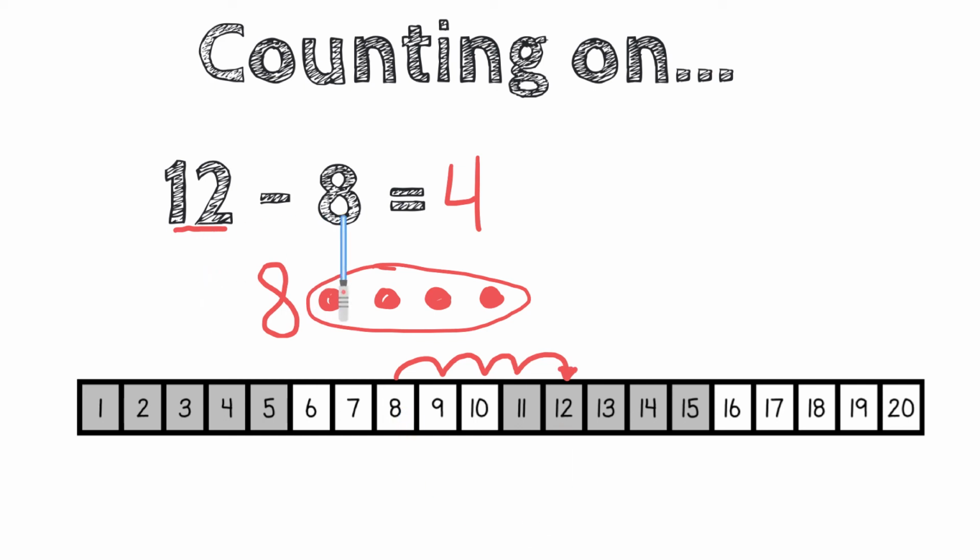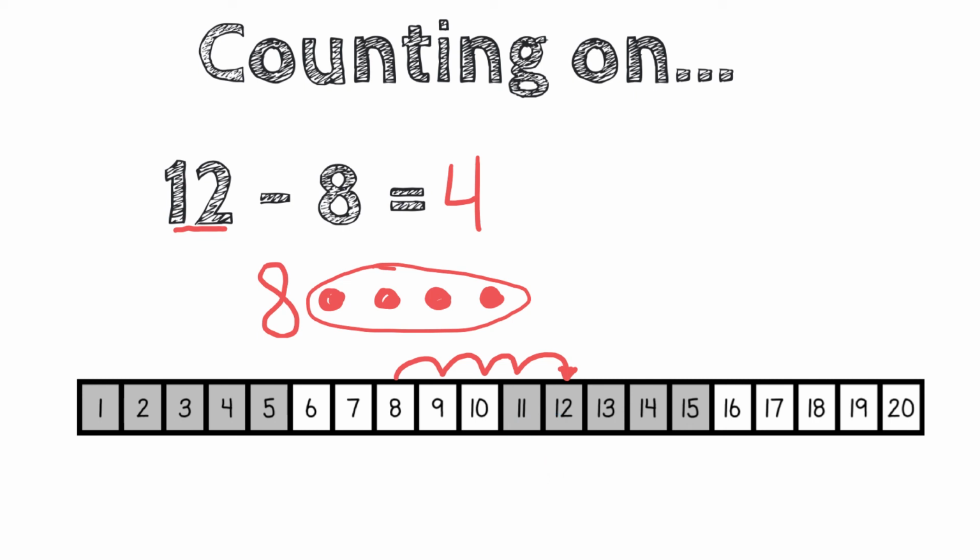So that's our difference here, 8 to 12. And then we count how many bumps we made. We made 1, 2, 3, 4 bumps to get from 8 to 12 on our number line. So essentially what this number line is showing is that the difference between 8 and 12 is 4. There's 4 between the two of them.